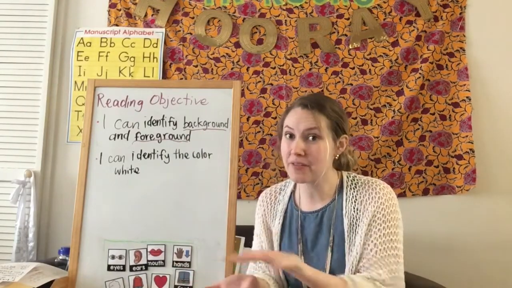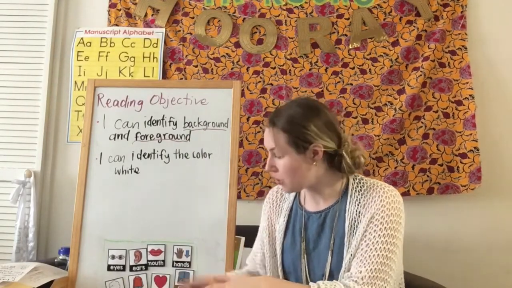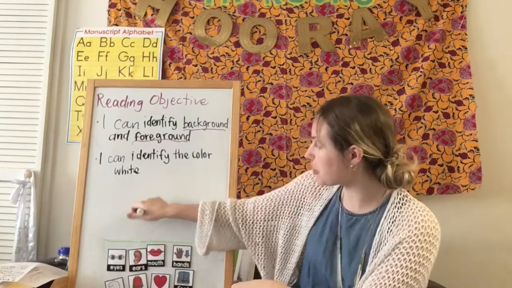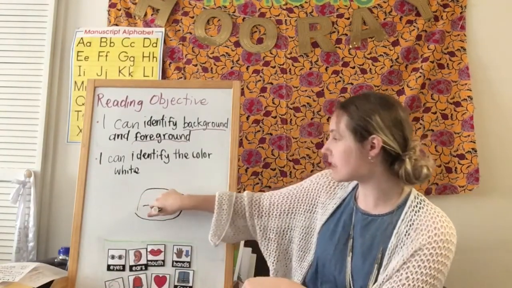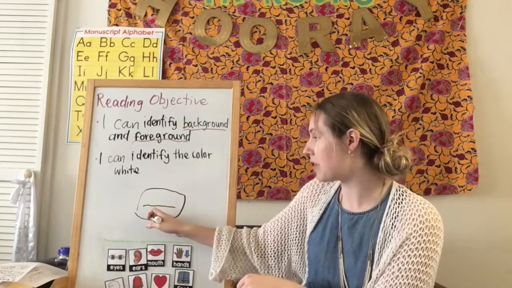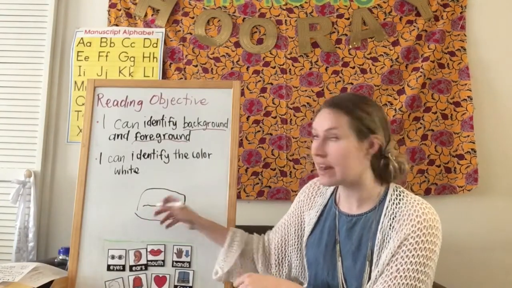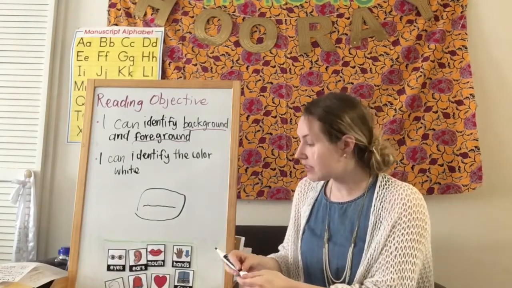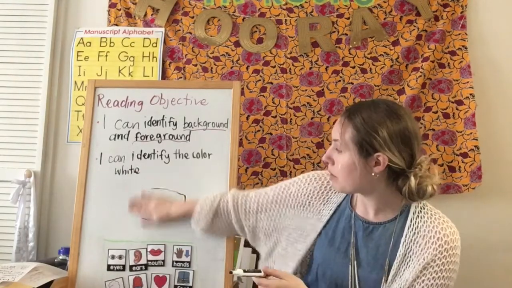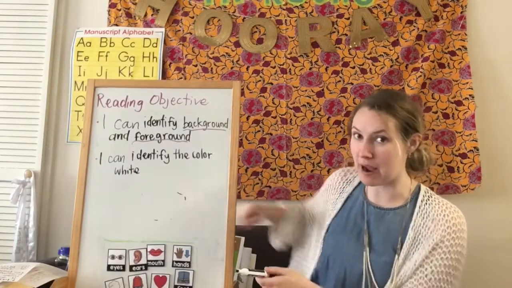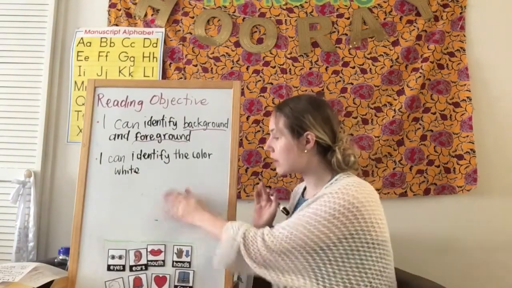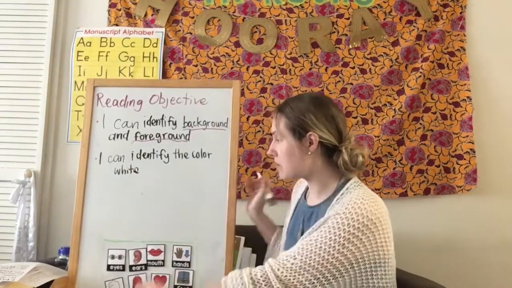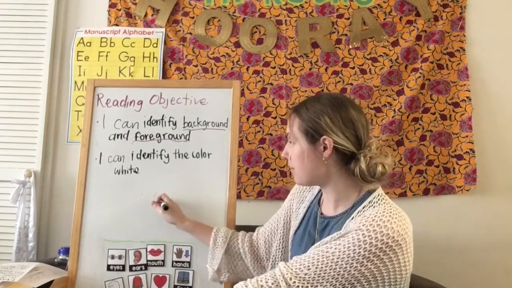We did a little bit of this with Mr. S in art, where he was having us draw pictures where we would make a horizon line and we would talk about things that are at the front of the pictures and how they would be closer up and things that would be farther away. Today we're going to kind of talk about that, but we're going to be looking at the colors of backgrounds and foregrounds. So we're going to see some images maybe of like a snowman.